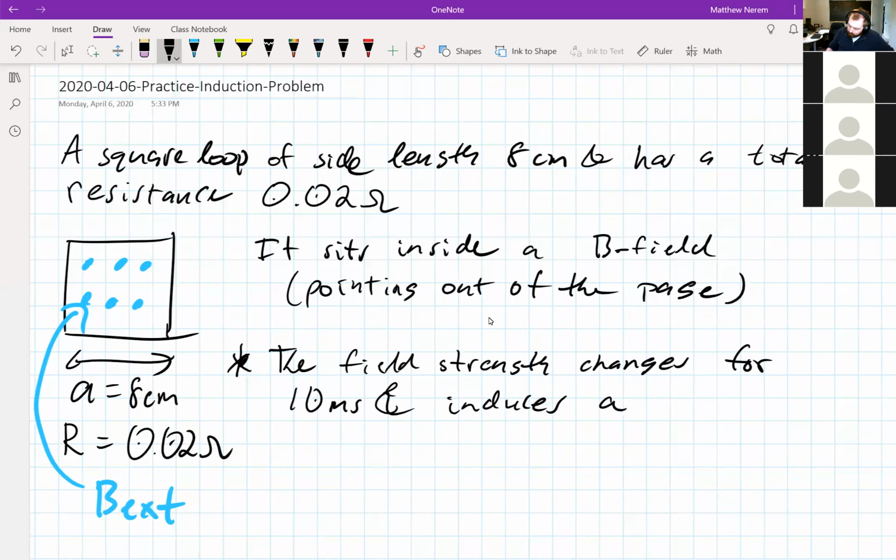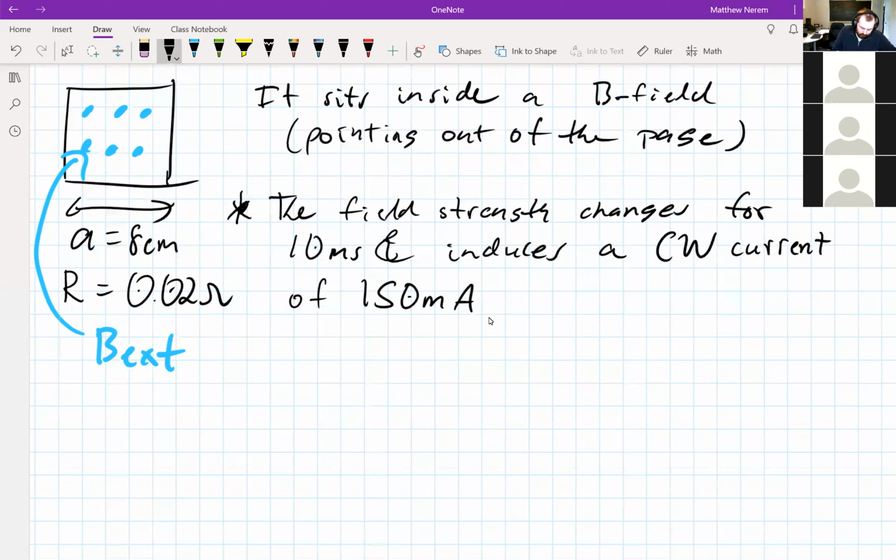And this will then induce a clockwise current of 150 milliamps. All right, so we're going to scroll a little bit and then start getting into problems.